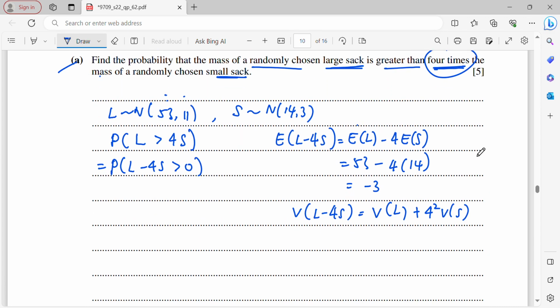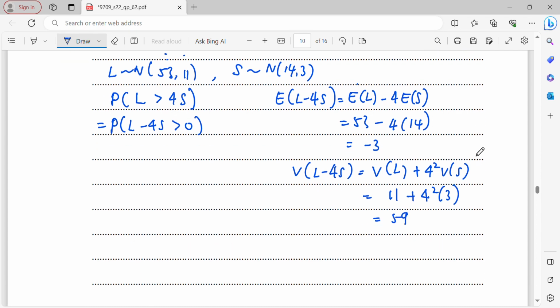It is not addition, it is a multiplication. So here it becomes 11 plus 4 squared times 3. Then you will get 59. Which means L minus 4S is normally distributed with mean -3, variance 59.